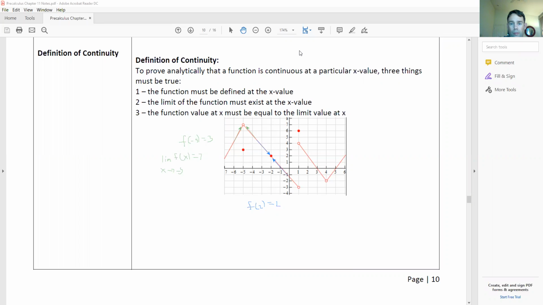For instance, take a look at this one right here, over at 4. There is no function value defined, and so although the limit exists at 4, f of 4 isn't defined. So therefore, it'd break down.